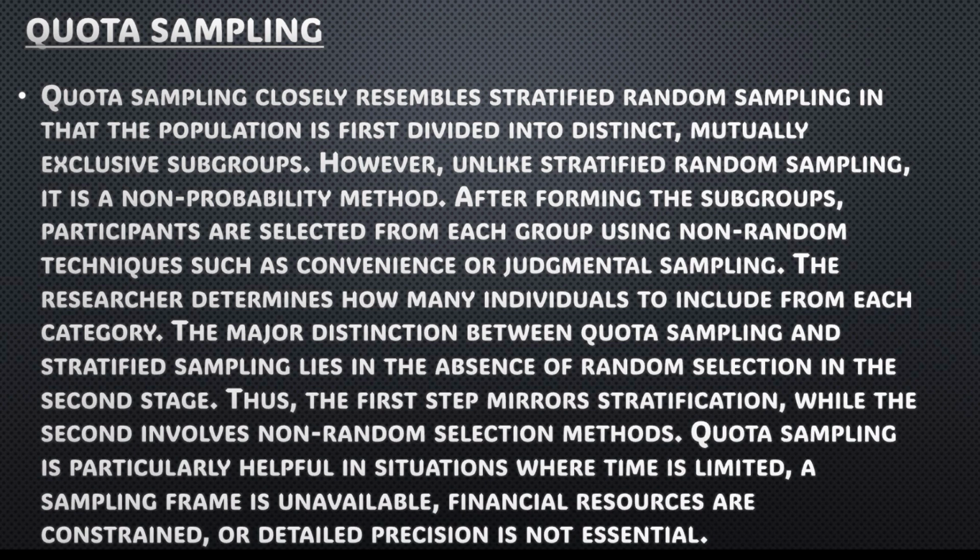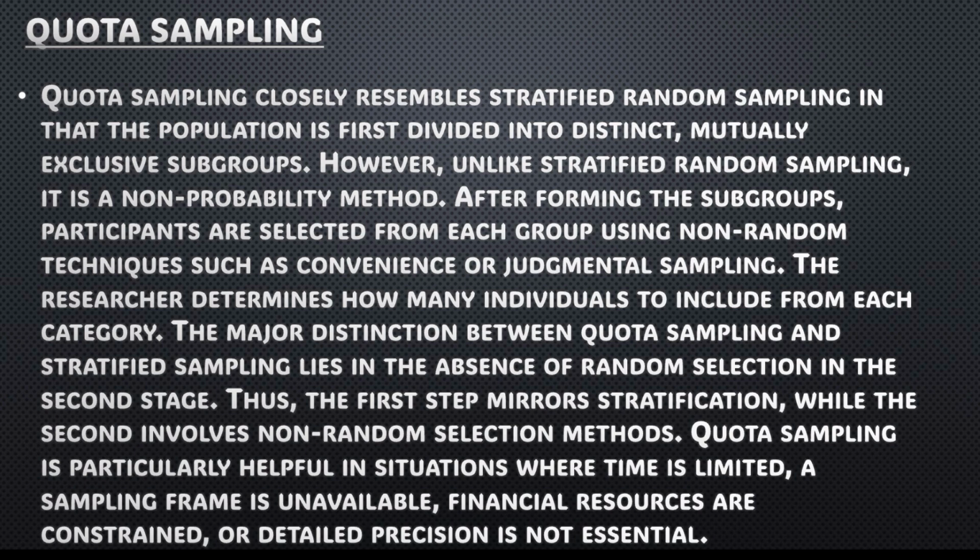Quota sampling. It is a type of non-probability sampling which closely resembles stratified random sampling because firstly the population is divided into distinct mutually exclusive subgroups, but unlike stratified random sampling, some non-probability method is used for choosing after the subgroups are made.